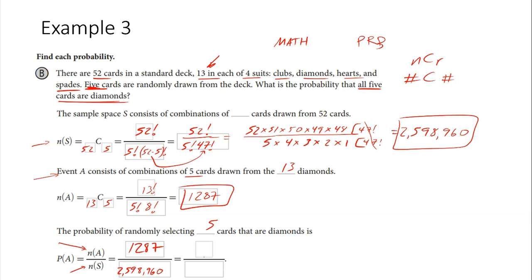The book always likes to mention that you could reduce, which is healthy. If you do this in the calculator, you're going to get 0 point something, and you're going to realize that's a really small percentage. So it's really rare to get a flush like that. If it happens, it's like seeing a lightning strike hit a tree right in front of you. It's kind of cool.